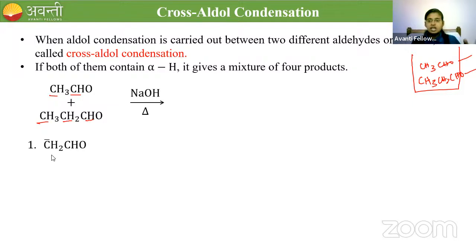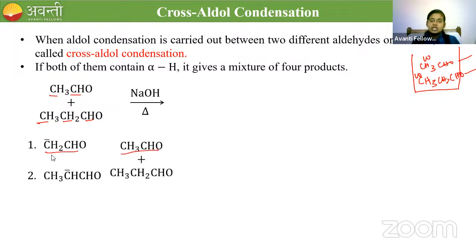So I may have 10 molecules of ethanal and 10 molecules of propanal, for example. One molecule of ethanal reacts with another molecule of ethanal and gives rise to one product, and this is the product.